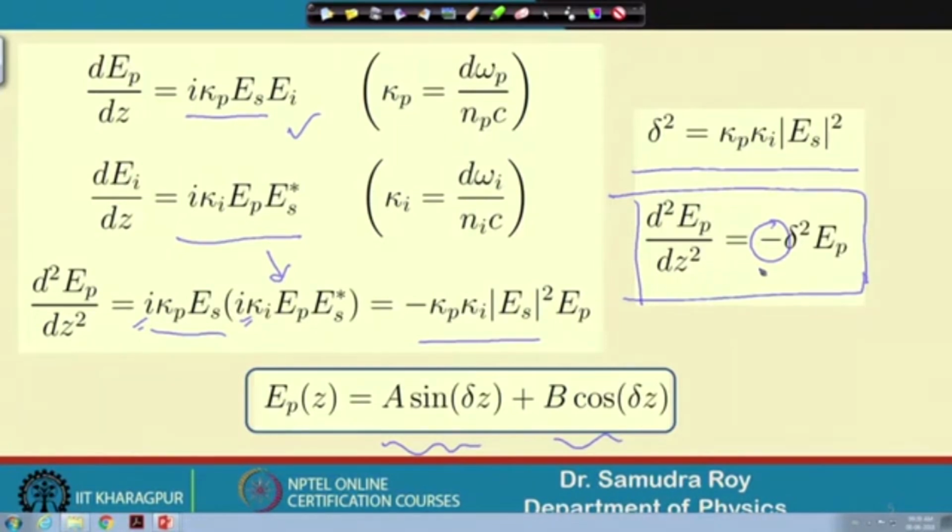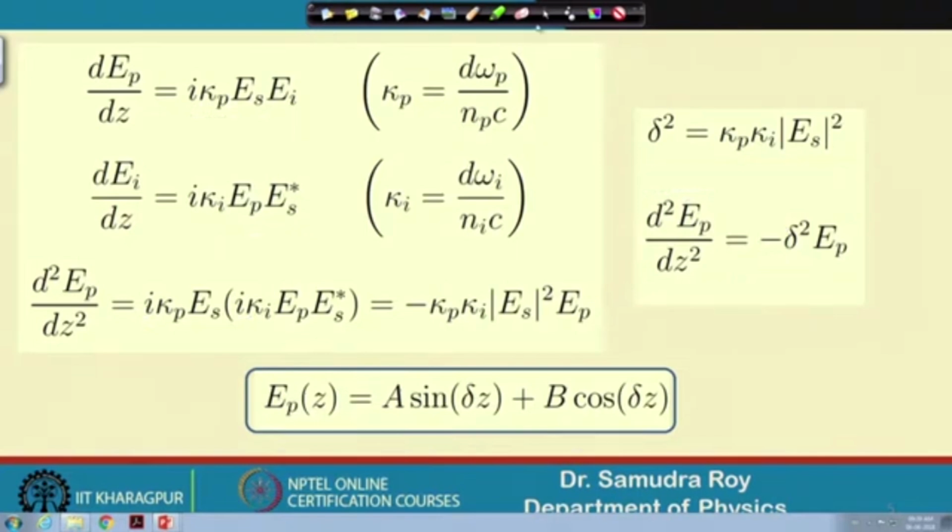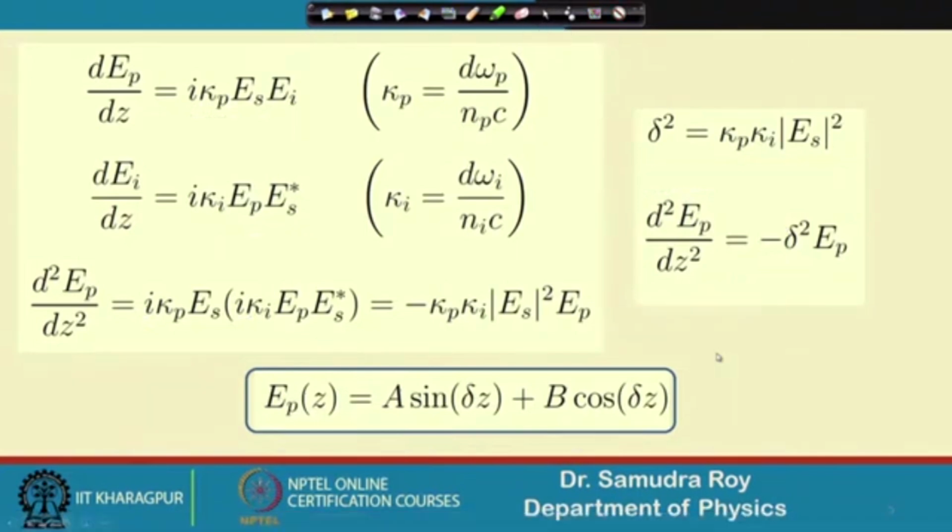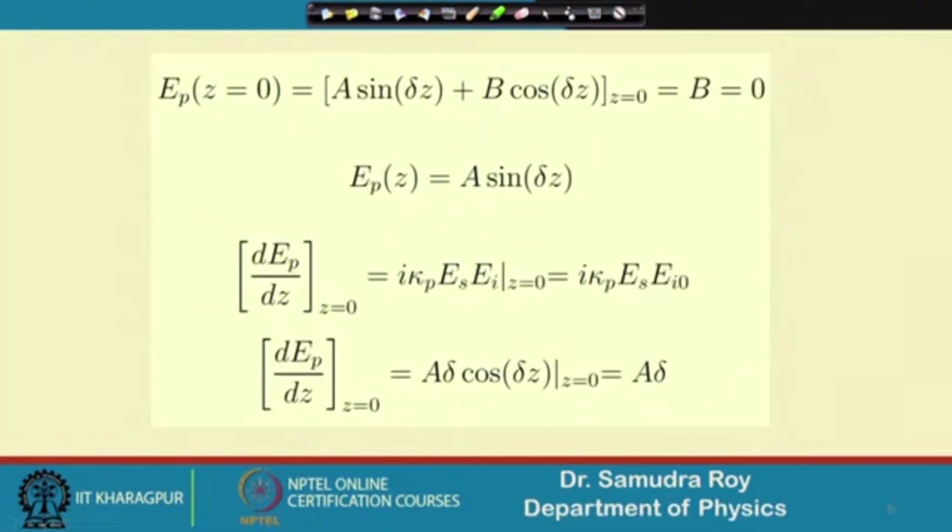Whatever the boundary condition I put, we find it should be a sine, cos, or a combination of both, but there should be some kind of sinusoidal variation. Once we have this expression, the next thing is to evaluate A and B as we have done in our previous class. First we try to find out what is my E_p.